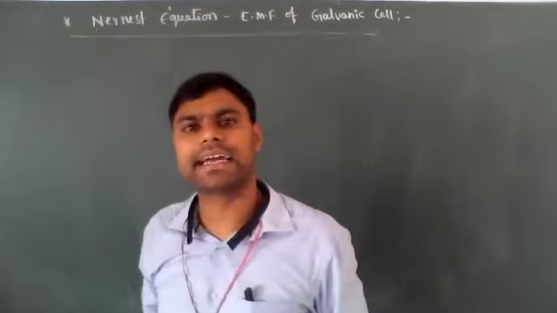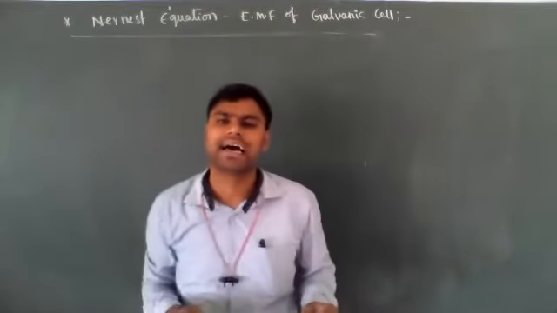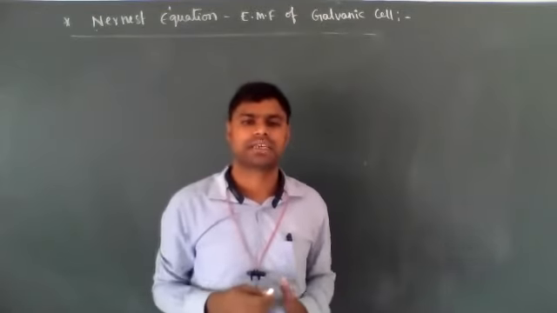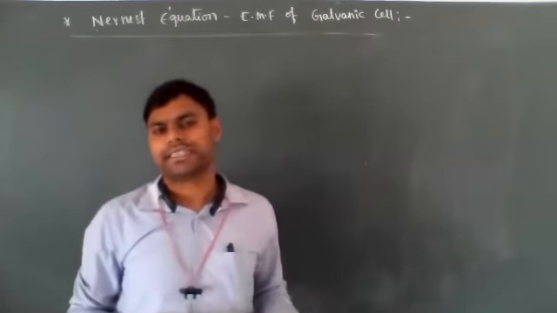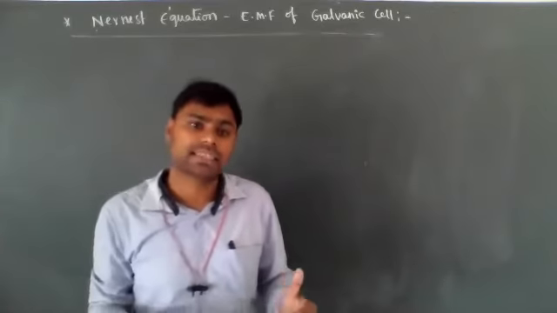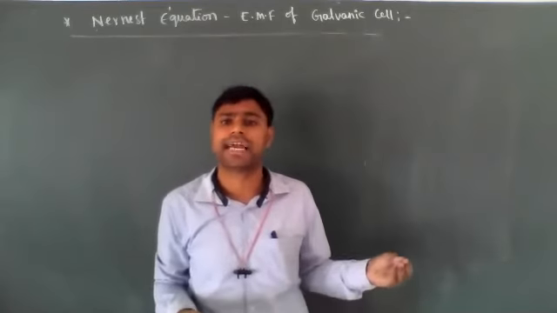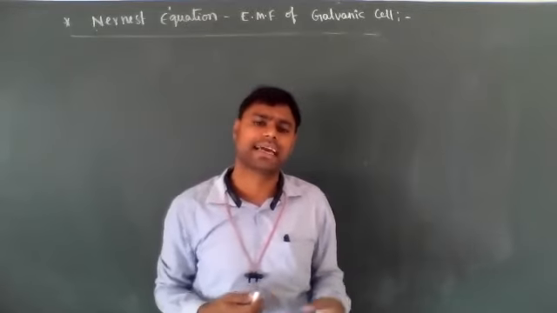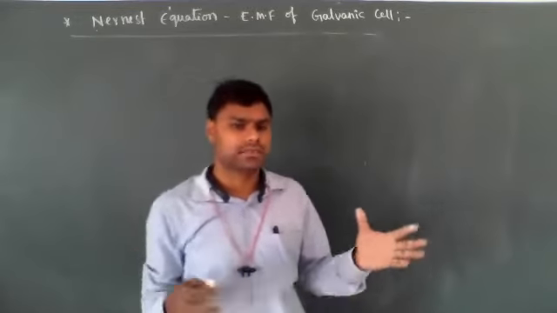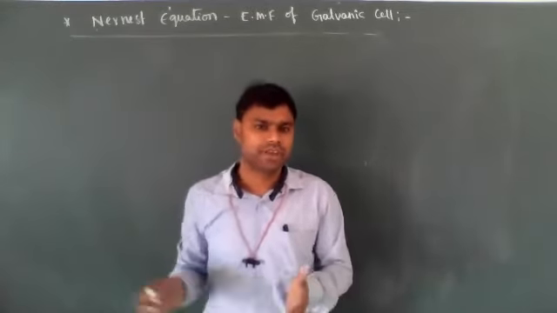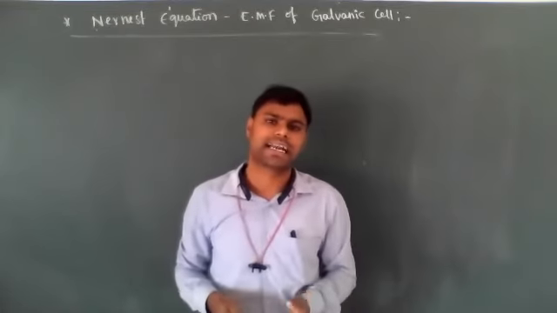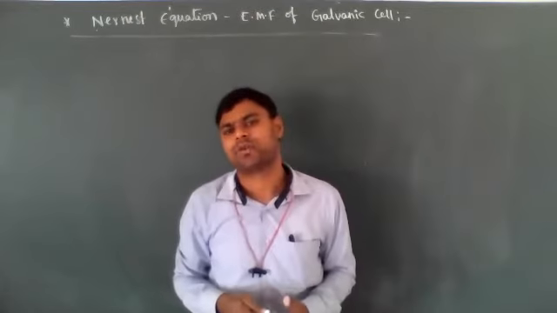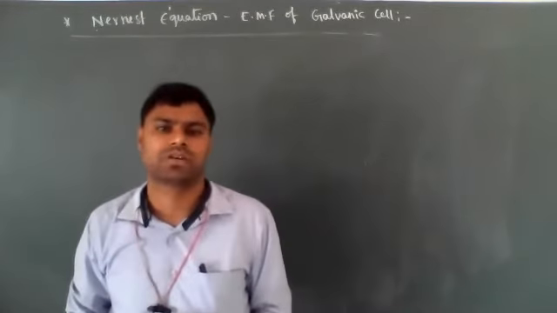He calculated the electromotive force of a galvanic cell under different concentrations. Under standard conditions, it is called the standard electromotive force of the cell, which can be determined under standard conditions using hydrogen as a reference.